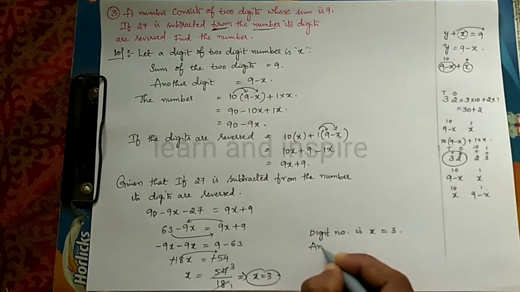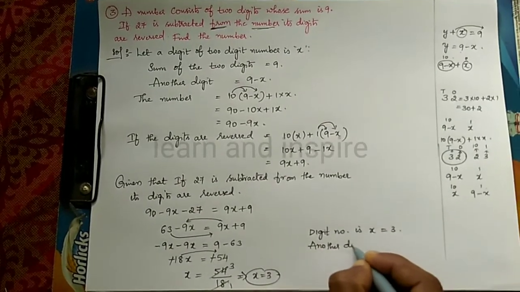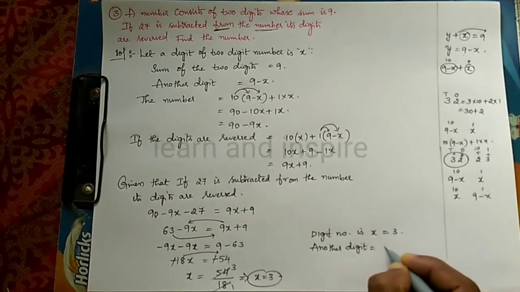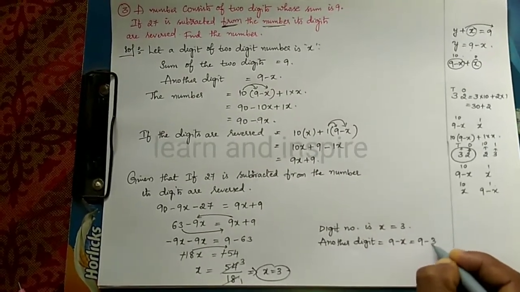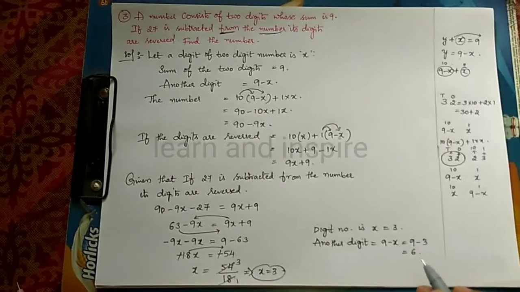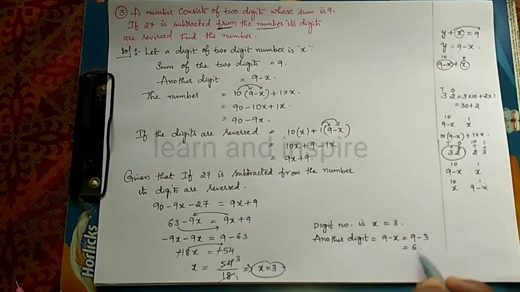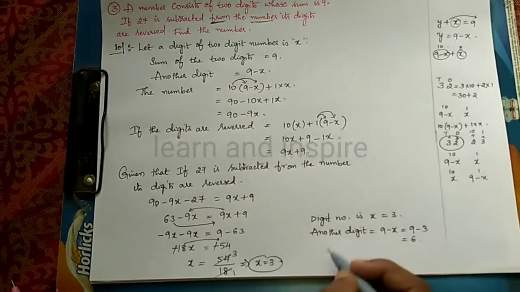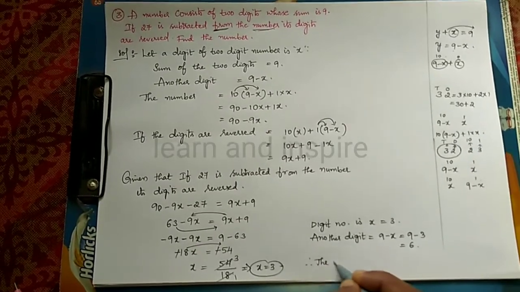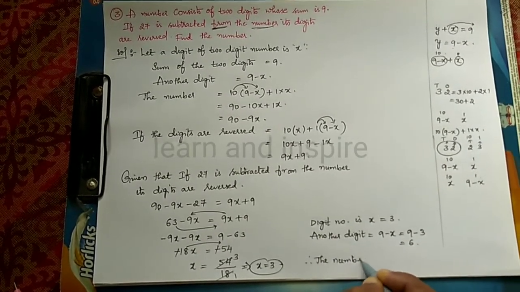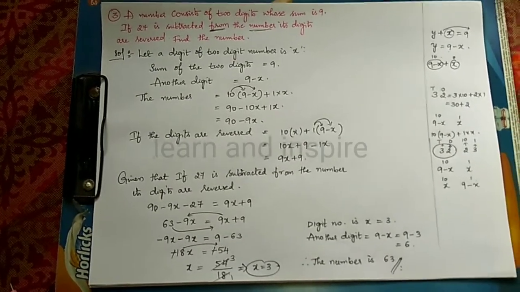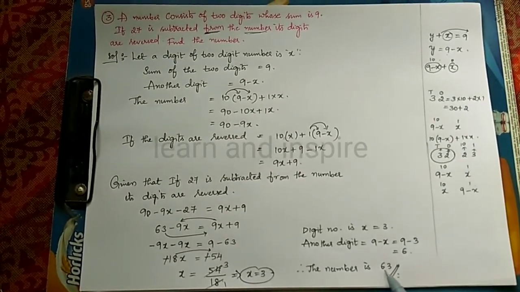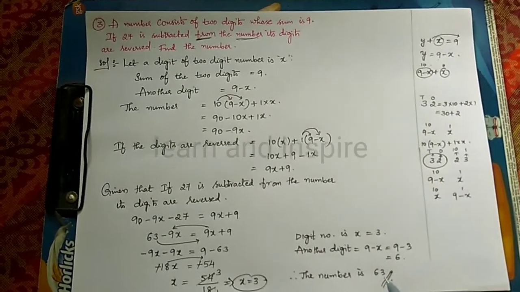So the other digit is 9 minus x, which is nothing but 9 minus 3, which is equal to 6. That is, this 6 is in the tens place and 3 is in the ones place, so therefore the number is 63. So this is the number, and their sum is equal to 9. 6 plus 3 is equal to 9.